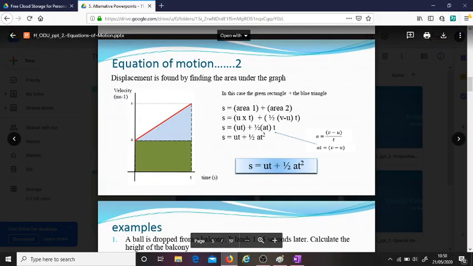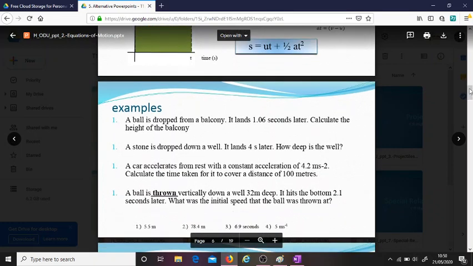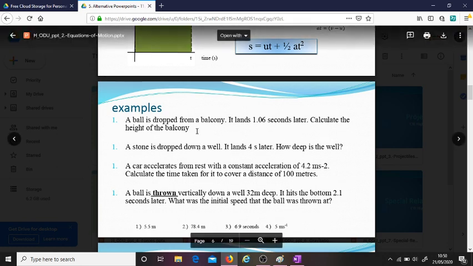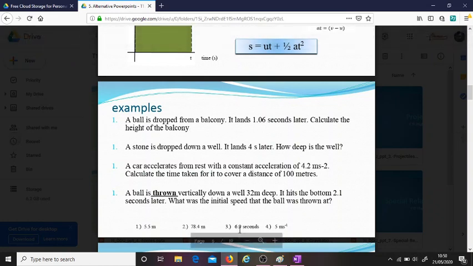Okay, so let's do some examples then using our new formula. There are 4 examples here. The answers to them are at the bottom. You can have a go at doing these yourself, but I will go through the working on them just now.